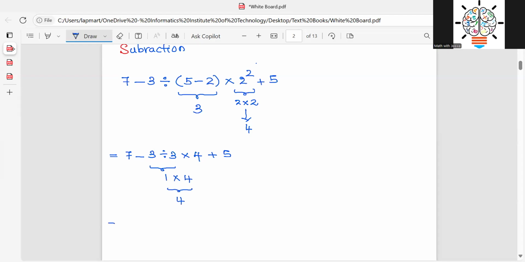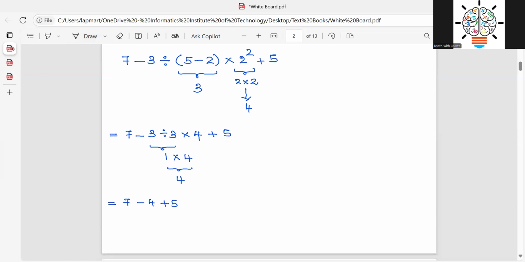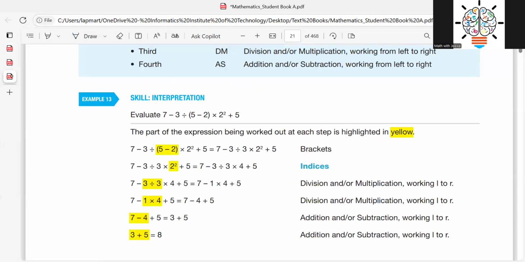I rewrite the question: 7 minus 4 plus 5. If needed, we can rearrange it and write it as 7 plus 5 minus 4. 7 plus 5, 12. 12 minus 4, 8. We'll check whether that is the answer. Yes, that is the answer, right?